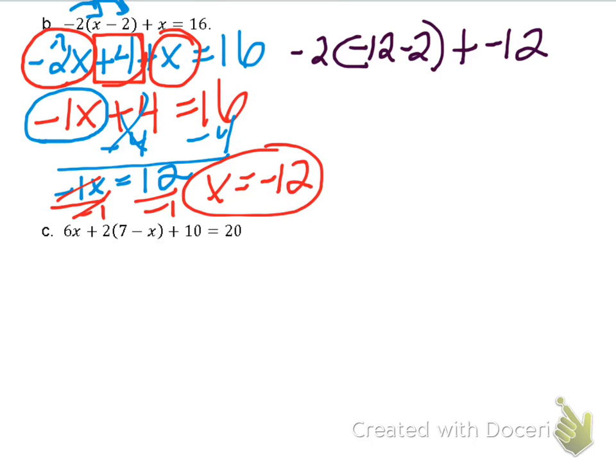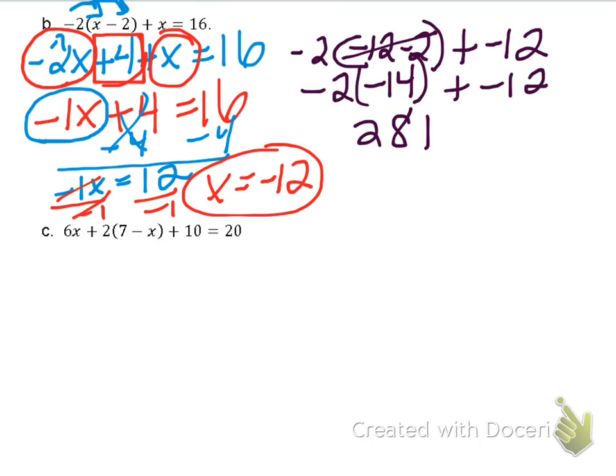So negative 12 minus 2 is negative 14. And negative 2 times negative 14 is positive 28. Positive 28 plus negative 12 is the same thing as 28 minus 12, which is 16. So we're all good.